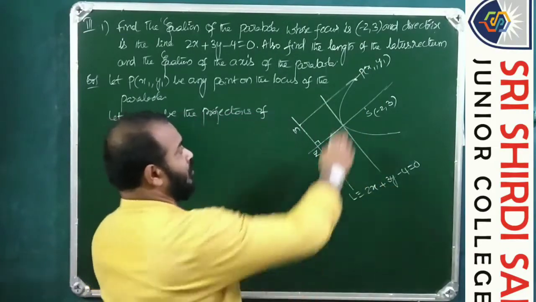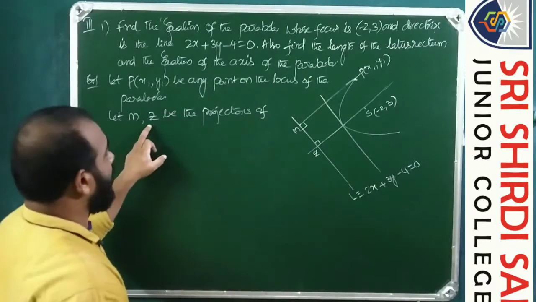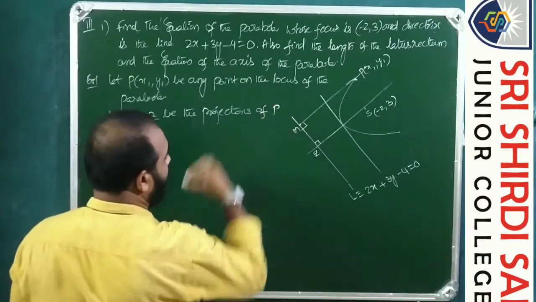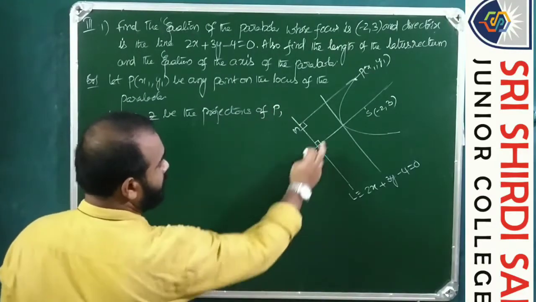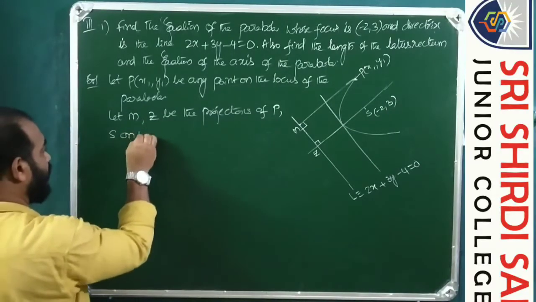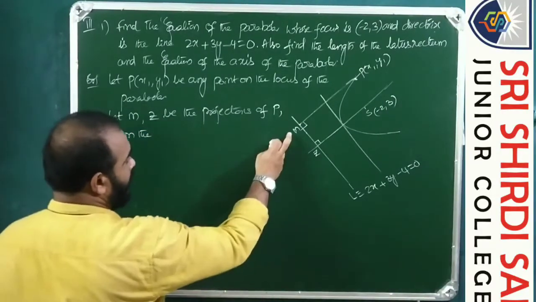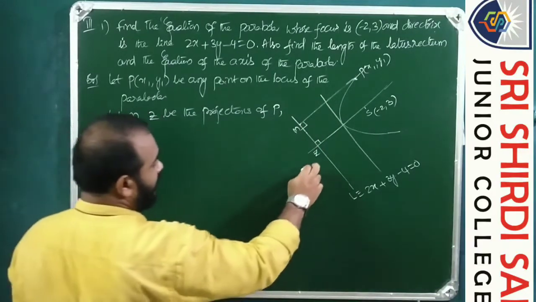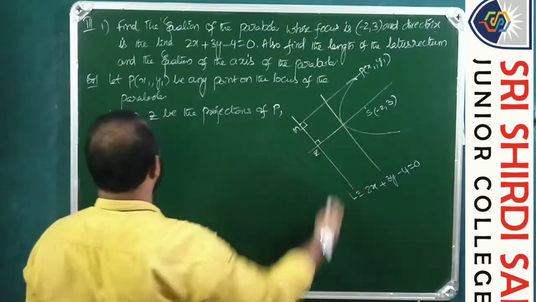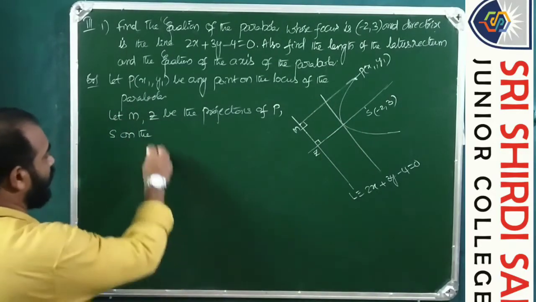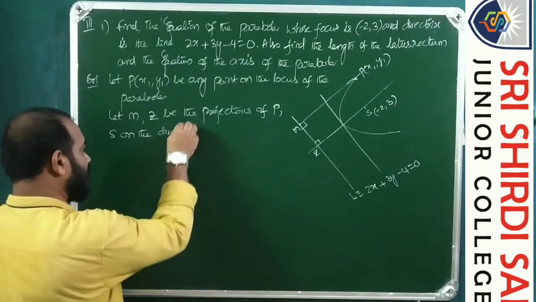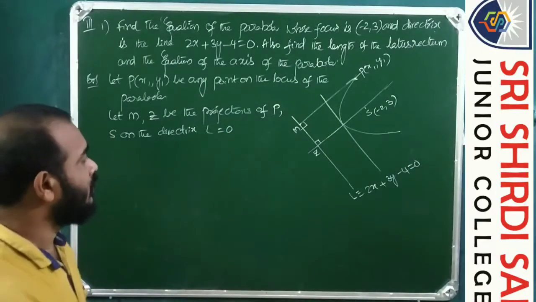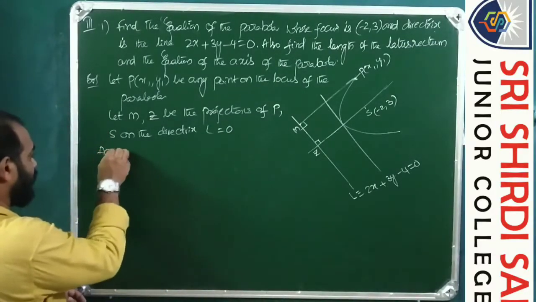M is the projection of P on the directrix and Z is the projection of S on the directrix L = 0.